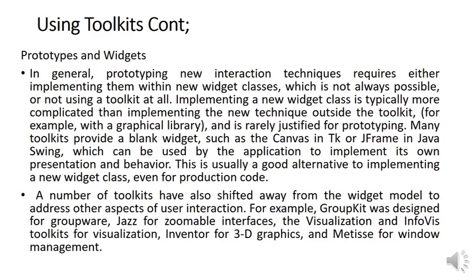A number of toolkits have also shifted away from the widget model to address other aspects of user interaction. For example, GroupKit was designed for groupware, Jazz for zoomable interfaces, the InfoVis Toolkit for visualization, Inventor for 3D graphics, and Metisse for window management.